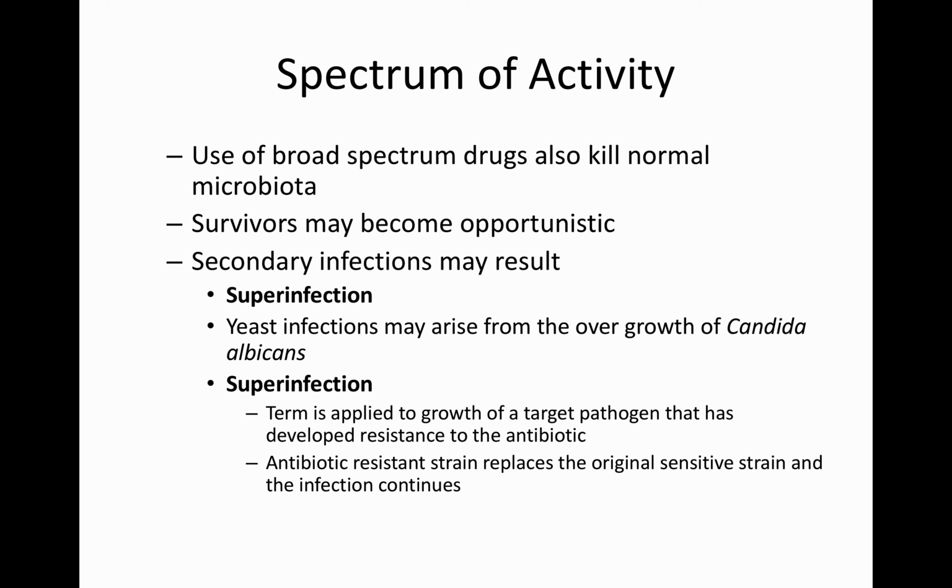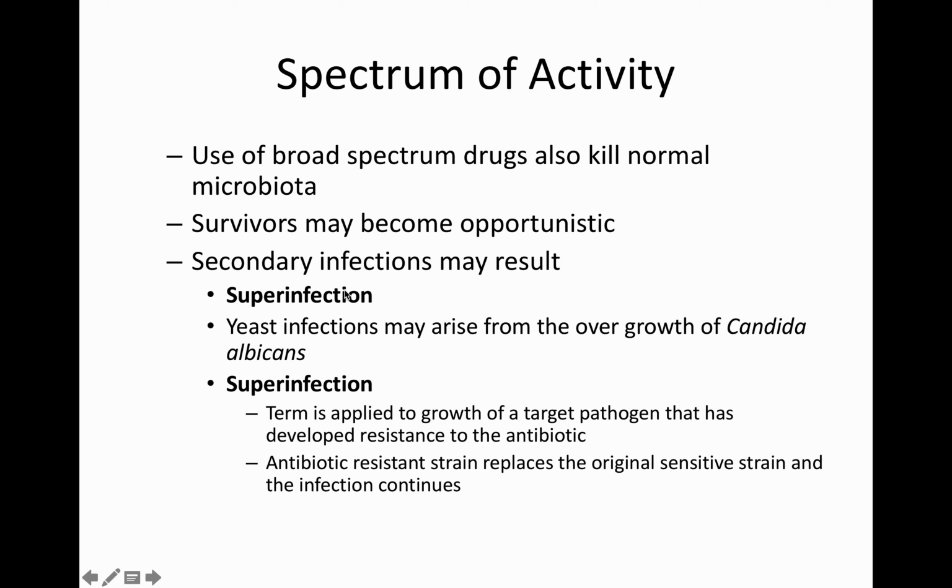The use of broad-spectrum antimicrobial drugs also kill normal microbiota. So survivors of your normal microbiota that are resistant naturally to the antibiotic or through mutation, those survivors may become opportunistic. So it can lead to a secondary infection, often referred to as a superinfection.